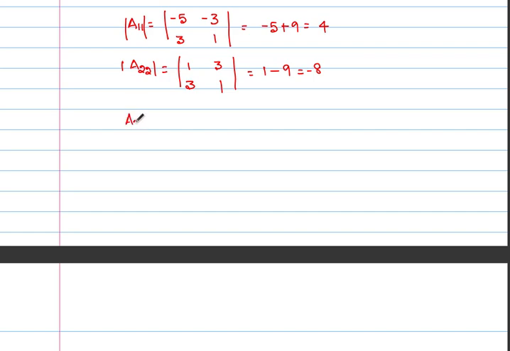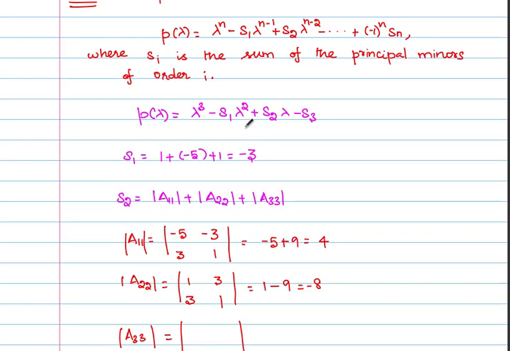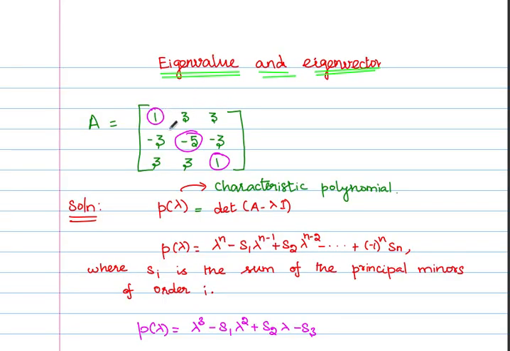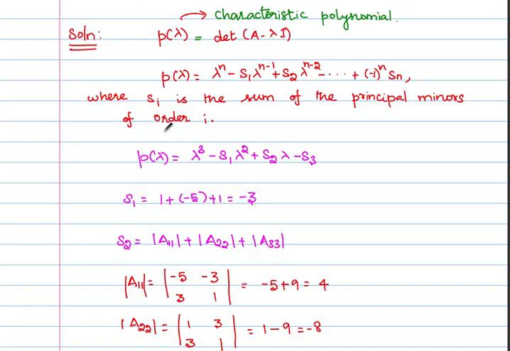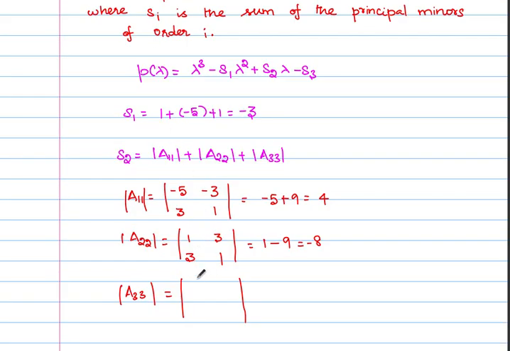A33: you remove the third row and third column, then you get the 2 by 2 matrix 1, 3, minus 3, minus 5. So 1 times minus 5 is minus 5, plus 9. Again you will get 4.